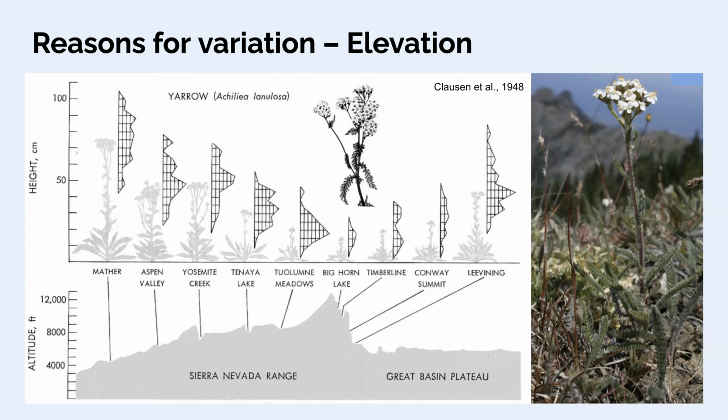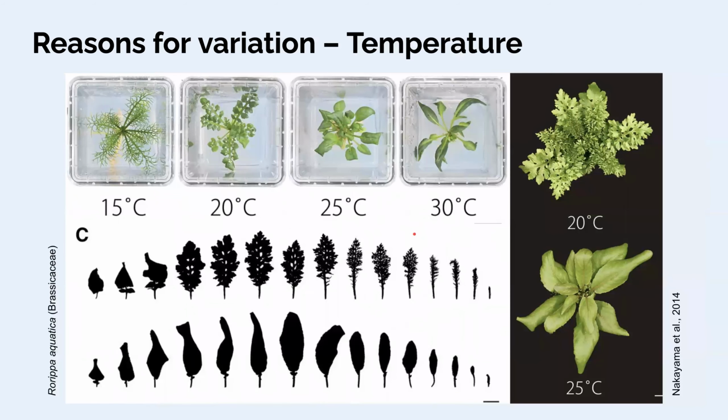So another part of this experiment might be to go forward and say, what if I take one of these high altitude plants and grow it at a lower altitude? It can help you to investigate what is causing differences, altitude versus genetics. Here we've got plants growing at different temperatures, a nice illustration of the different kinds of leaves that they make.